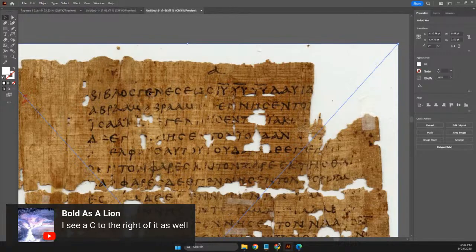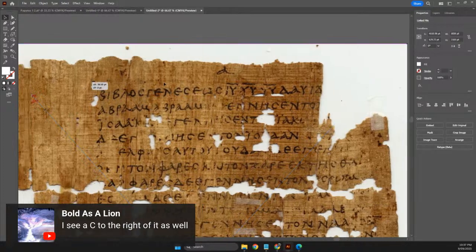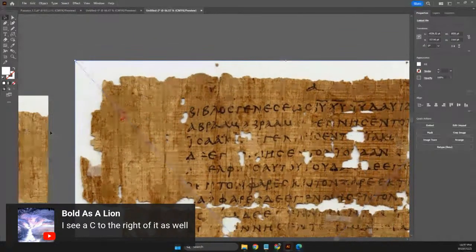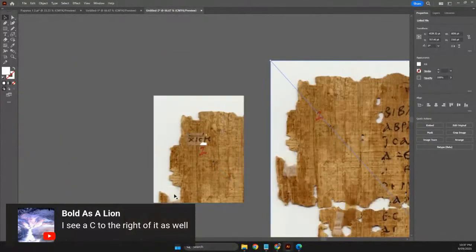So it has Biblos. Sometimes this is where scribes get confused, because if you don't know the language that well, you could assume that it has Bib or something, and then Los again, something like that. But that's what we're looking at here.